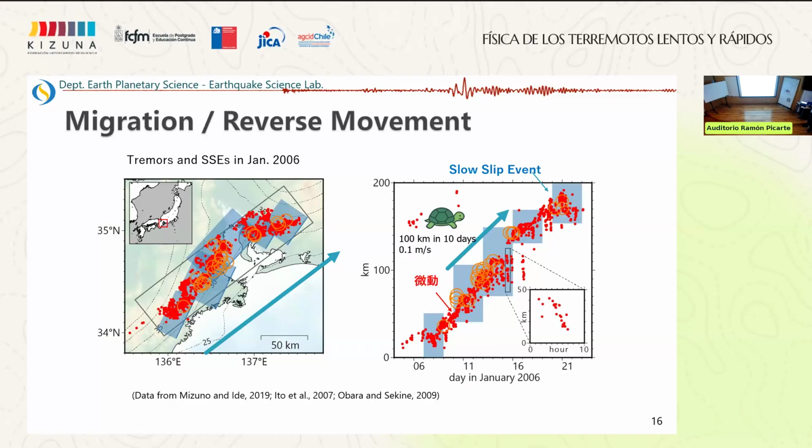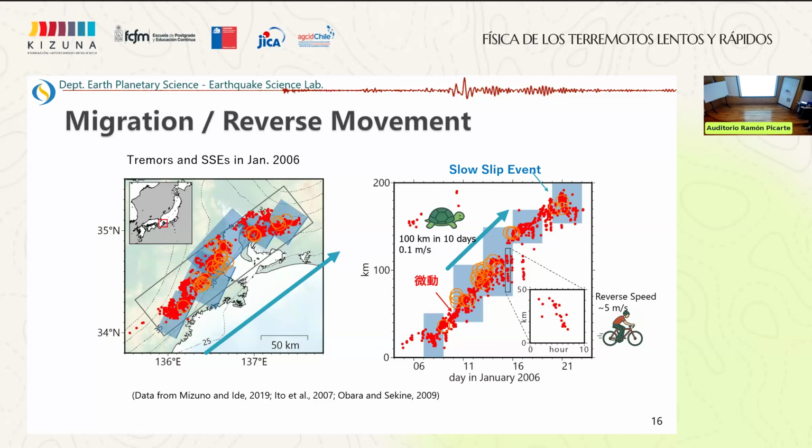During this, the general migration trend is in this way, but sometimes it goes back; reverse movements sometimes occur. This reverse movement is about the speed of 5 meters per second, maybe something like a bicycle. It's slow, but much faster than this speed.